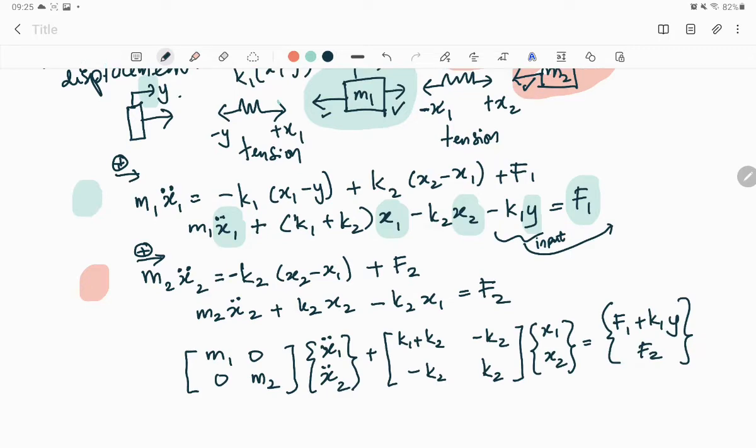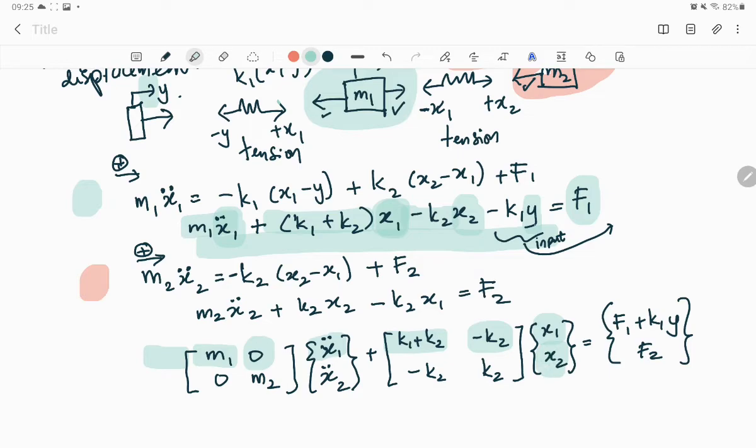If you want to put it in matrix form, you can do so. Looking at the first equation, in the first row you have m1 X double dot 1, there's no m2 so that's 0, and then k1 plus k2 for x1, and negative k2 for x2.